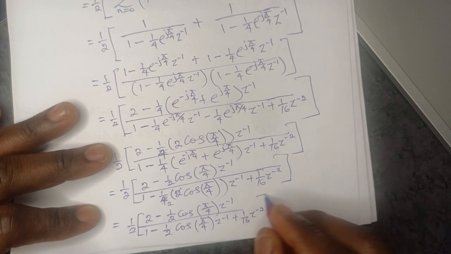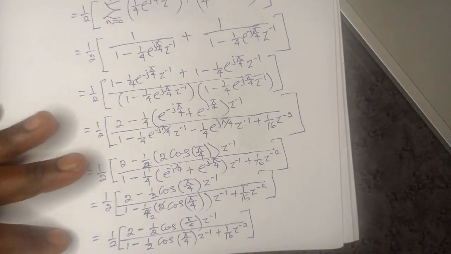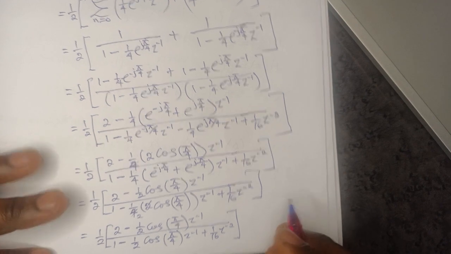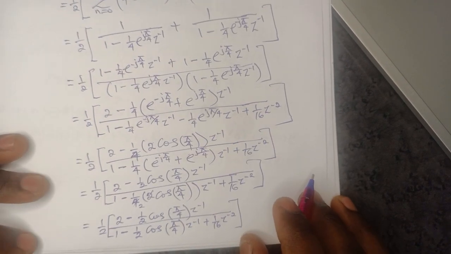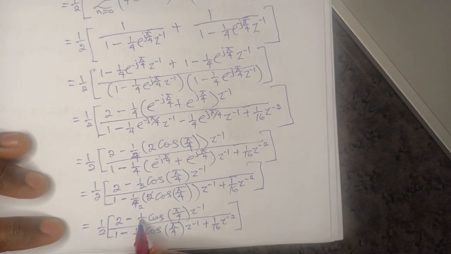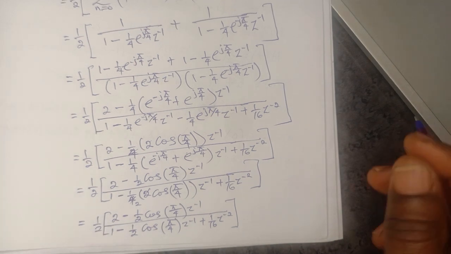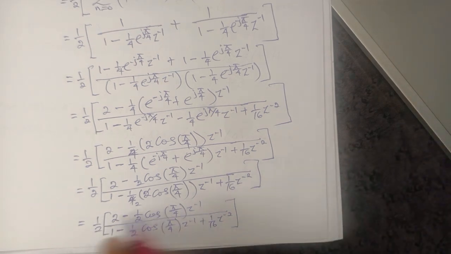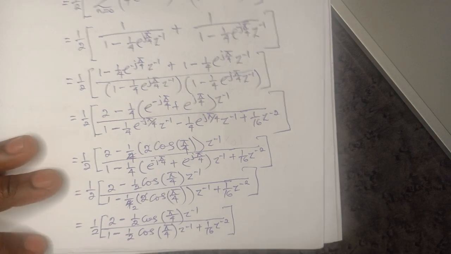Zero is to the power minus 2. Okay. Now, if we want these 2 to cancel out, we can bring 2 out of this expression so that we can free these 2 that is here. So let's use another page.